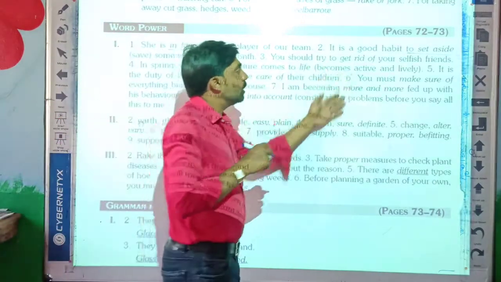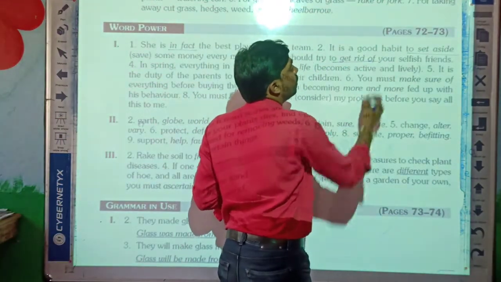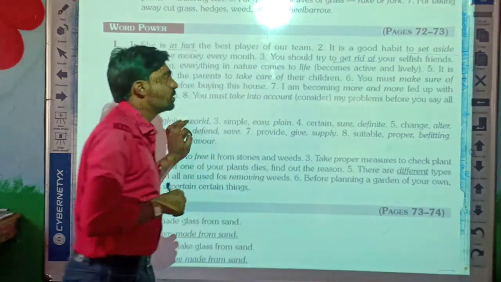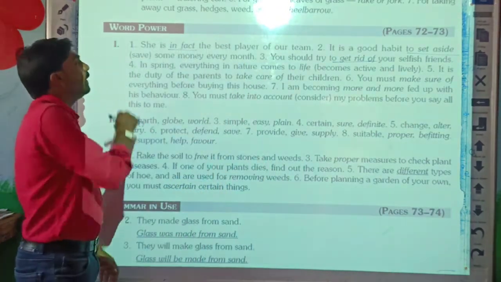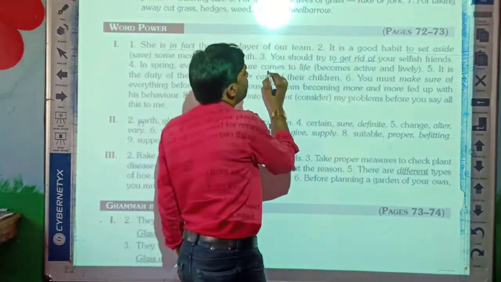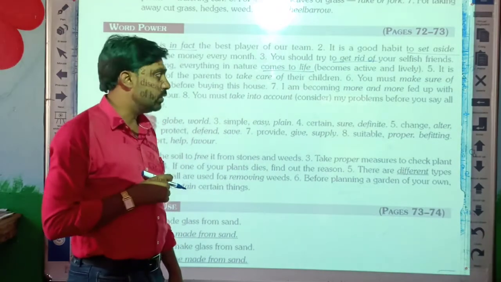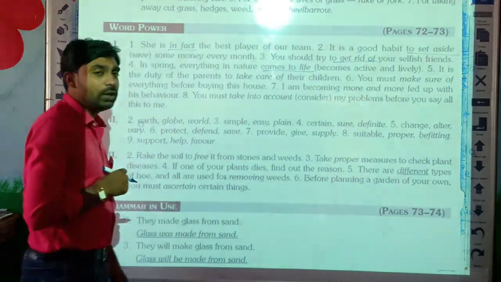You should try to get rid of your selfish friends. Fourth one: In spring everything in nature comes to life, means becomes active and lively due to the rainwater.